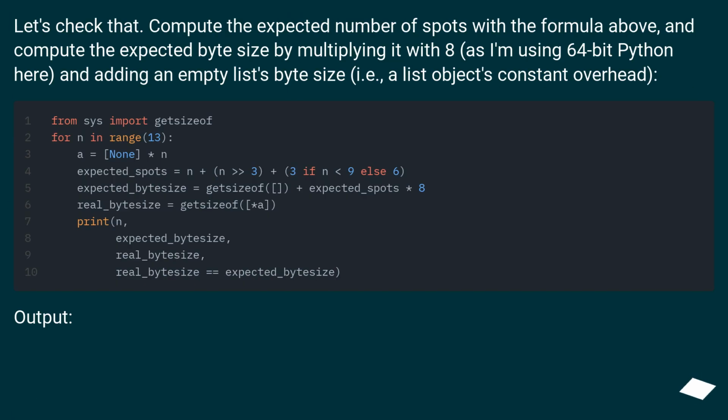Let's check that. Compute the expected number of spots with the formula above, and compute the expected byte size by multiplying it with 8, as I'm using 64-bit Python here, and adding an empty list's byte size, i.e., a list object's constant overhead.